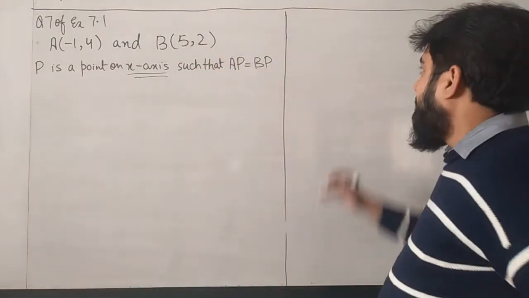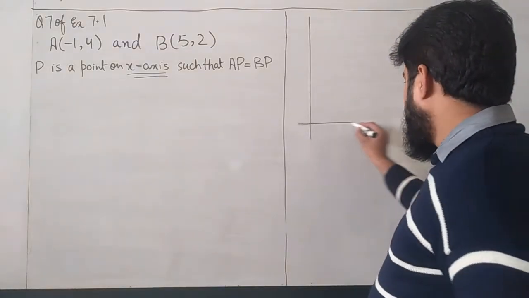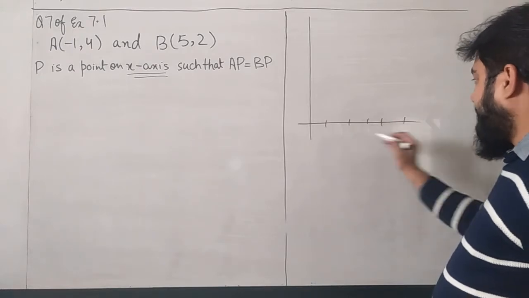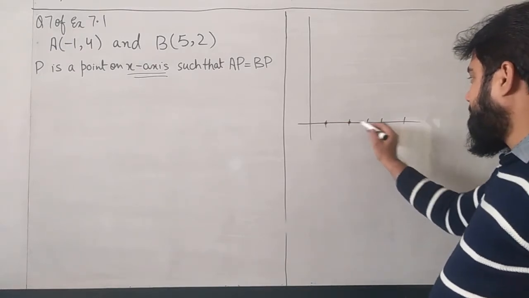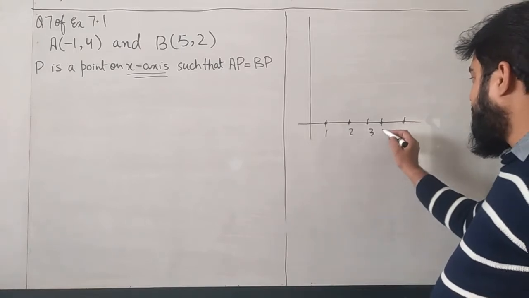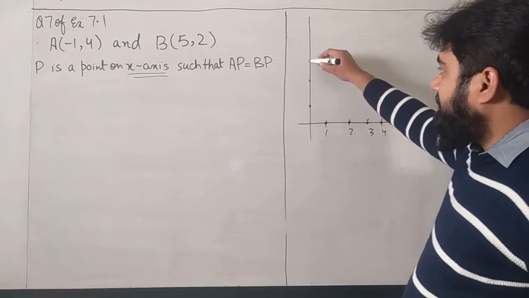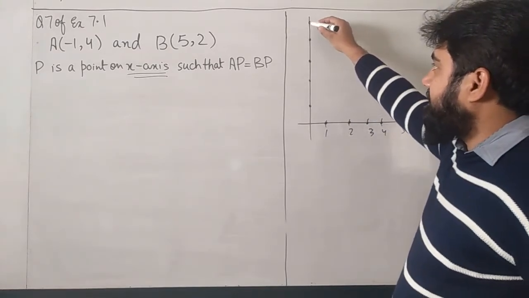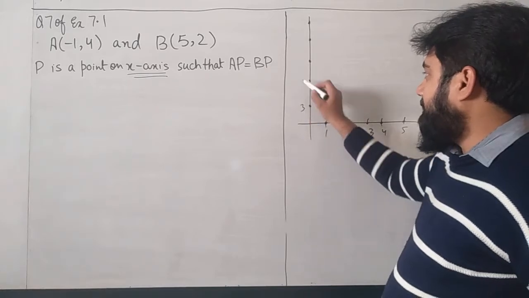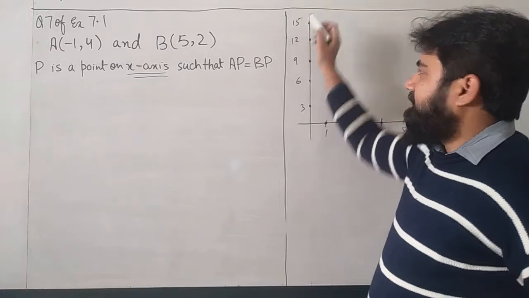For instance, I am making a graph over here. These are some values on x-axis, which are 1, 2, 3, 4, 5, and some values on y-axis. Again, I am taking these as 3, 6, 9, 12, and 15, just some random values.